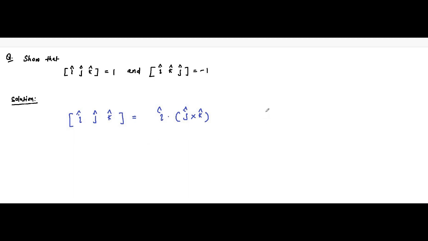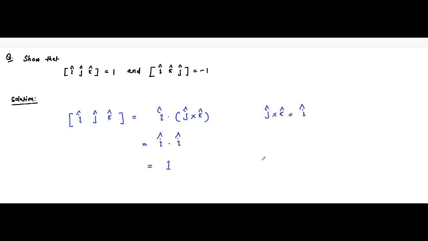So we know that j vector cross k cap, that is equal to how much? I cap, in cross product or vector product we have discussed. So here we can write it as i cap dot i cap, and that will be equal to 1. Okay, this is from the dot product concept.